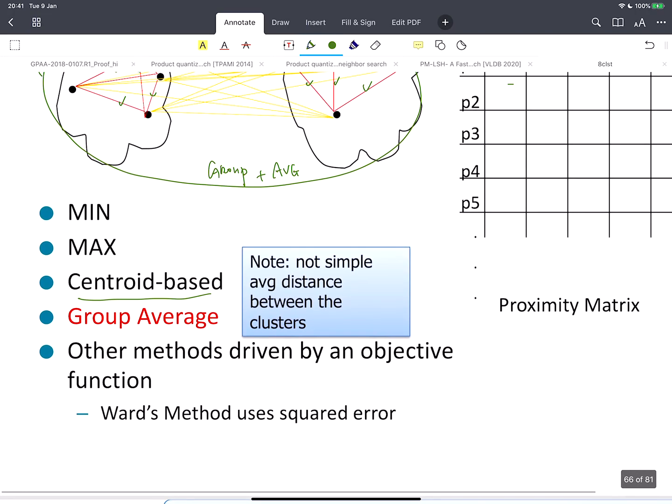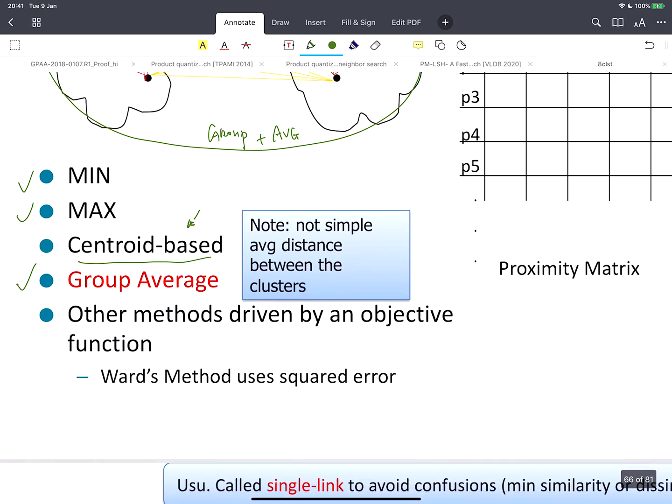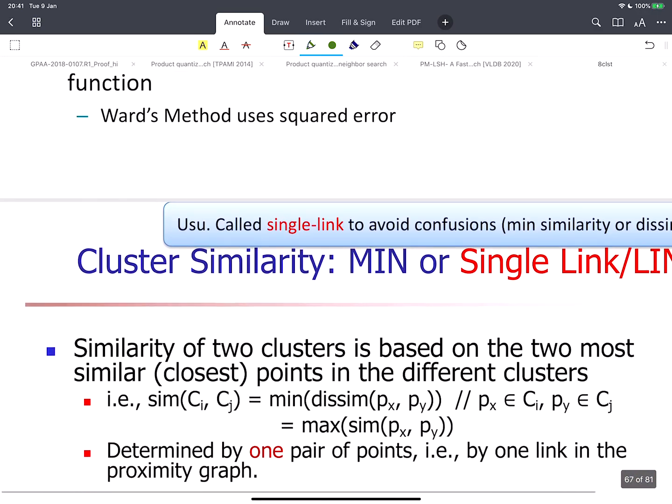In this course we focus on min, max, and the group average because they are the most widely used. Centroid-based is easier to deal with, very similar to k-means. You know how to find the centroid, and what if you have to use data objects as a centroid, right? There are other methods which use more complex functions.